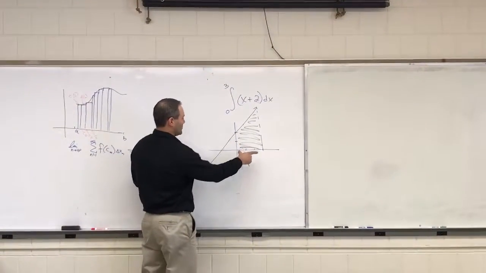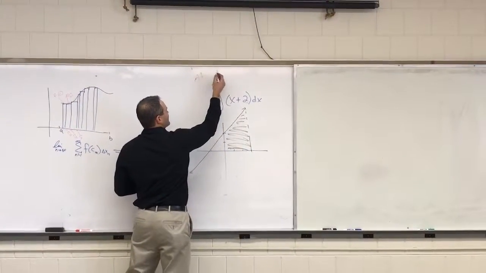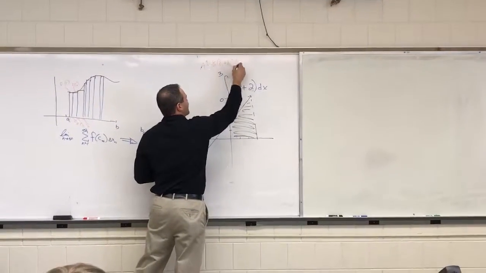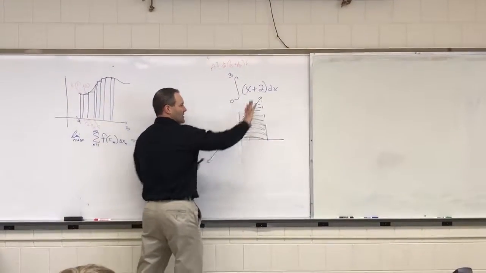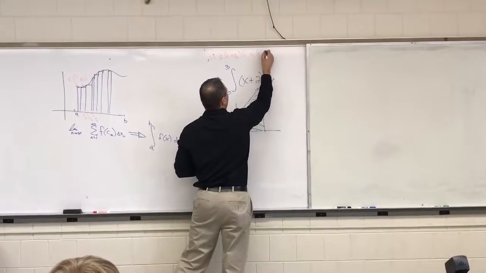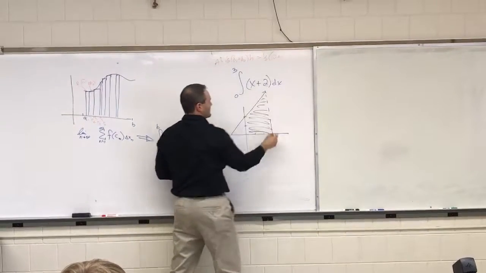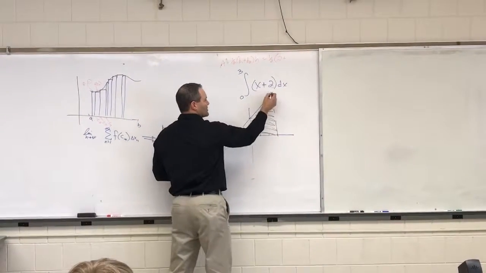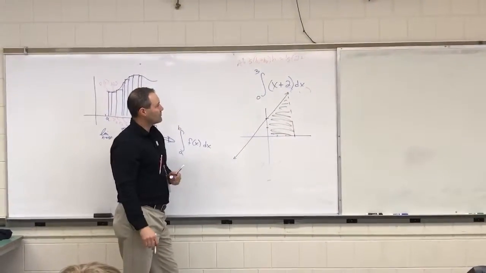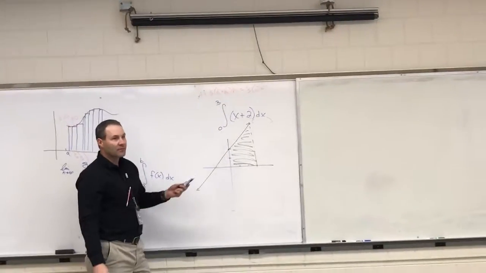Okay, so the area of a trapezoid is 1/2 base 1 plus base 2 times the height. This is a base, that's a base, so it's 1/2 times the first base, 2, plus this height. What is this ordered pair right there? 3, 5, right?